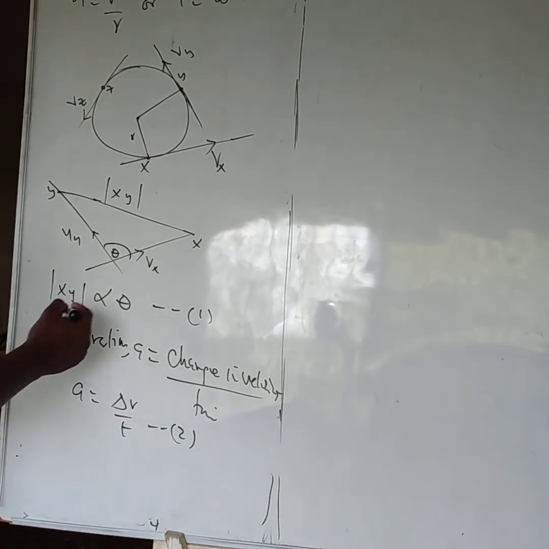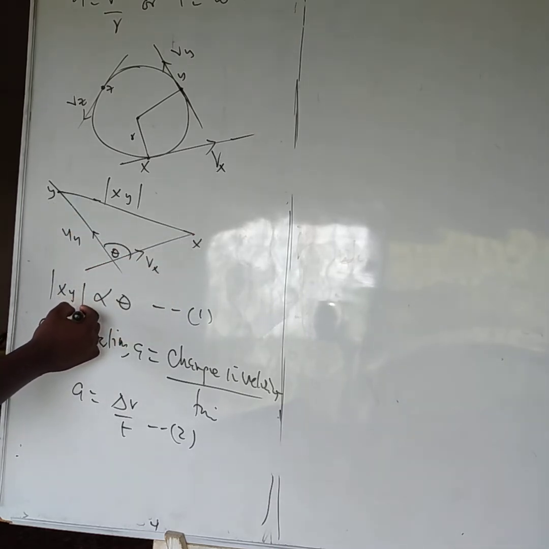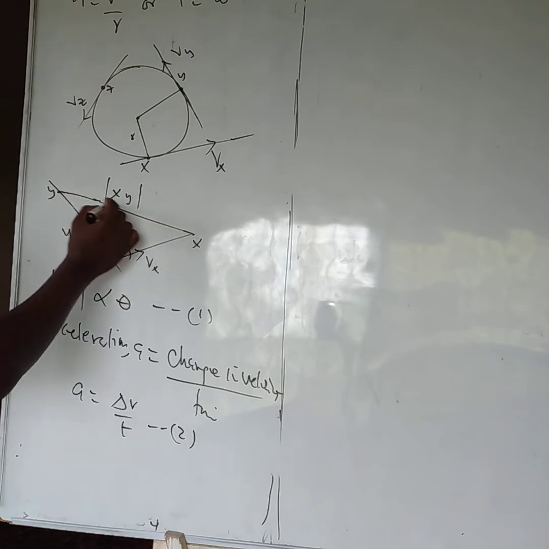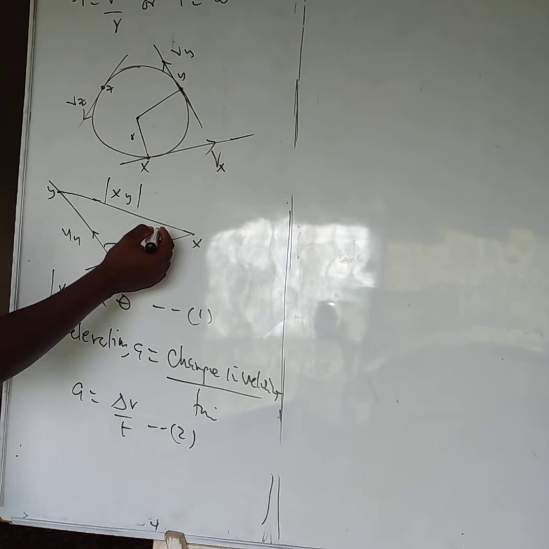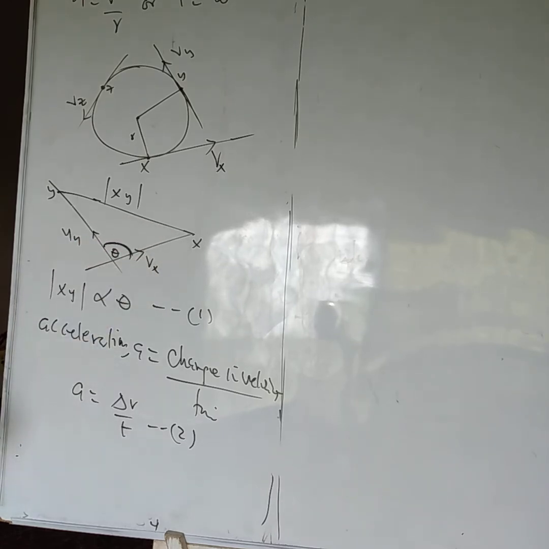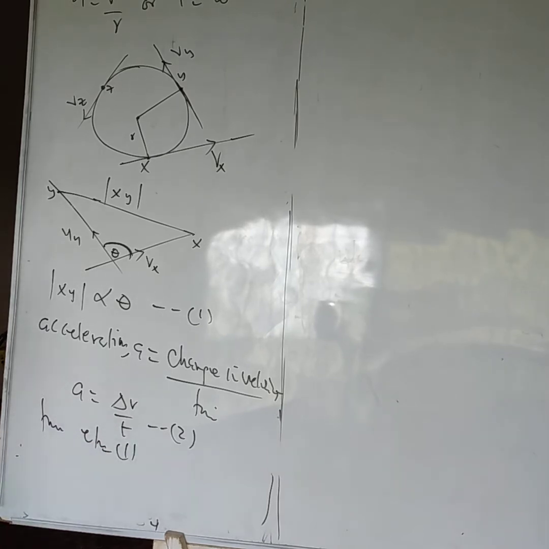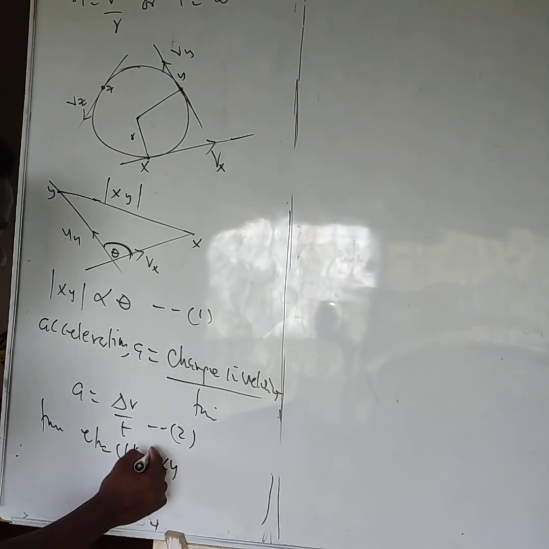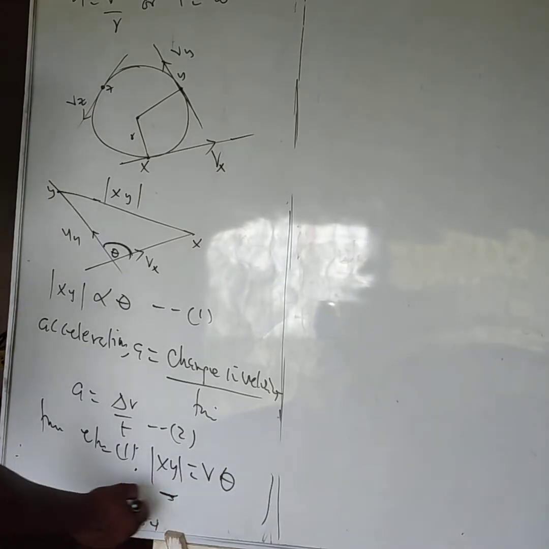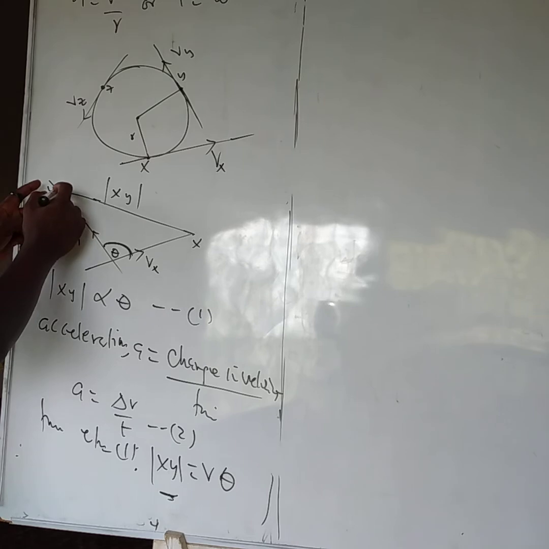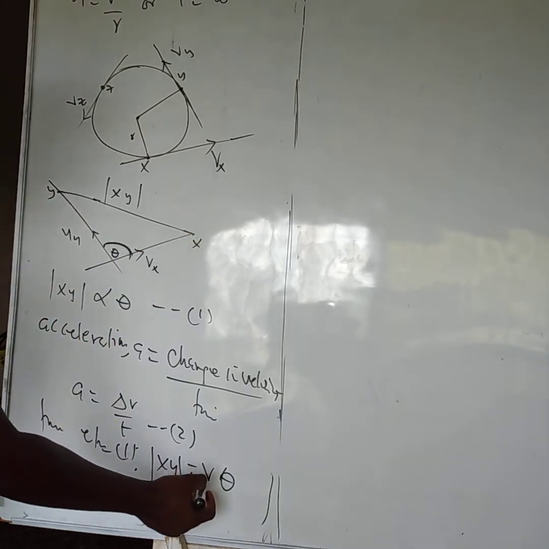From equation 1, you realize that our only constant is the velocity v, since the change in distance here is given as v of x and we are using v of x, so the velocity is changing as far as the theta is concerned. From equation 1, we can say that xy is equal to v theta, where our xy is equal to change in velocity, because this vector from y to x here is due to the velocity that we have over here.